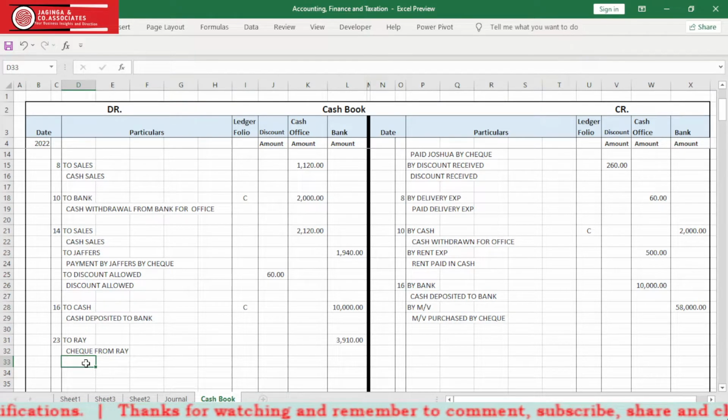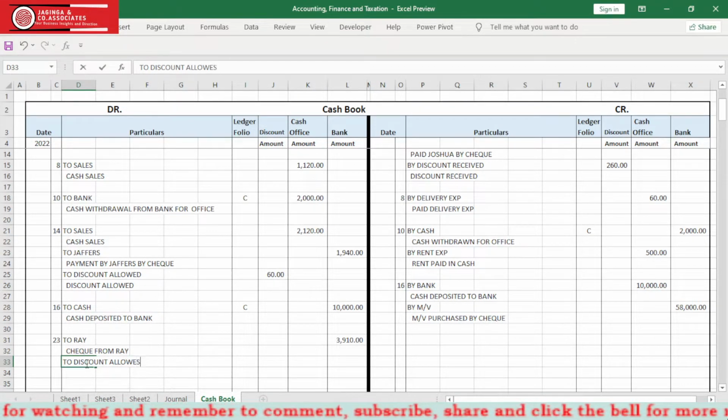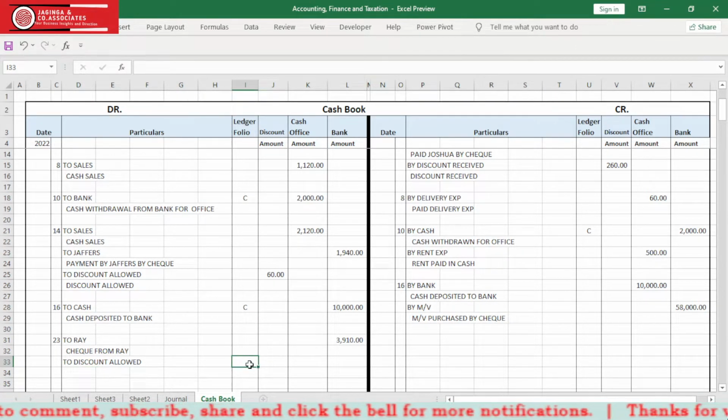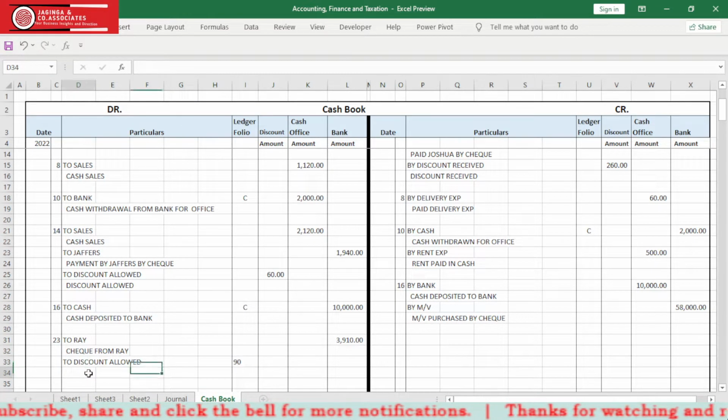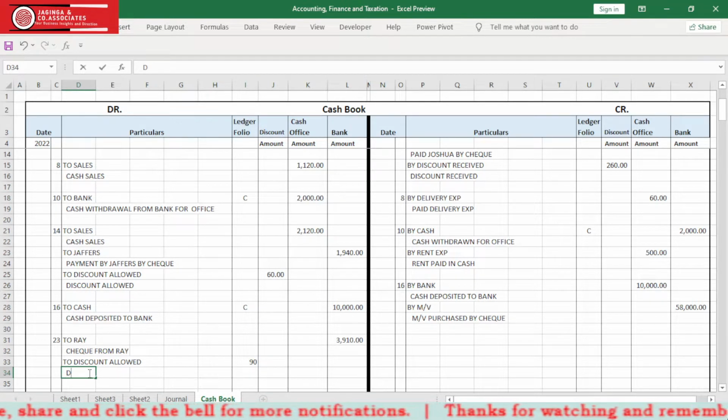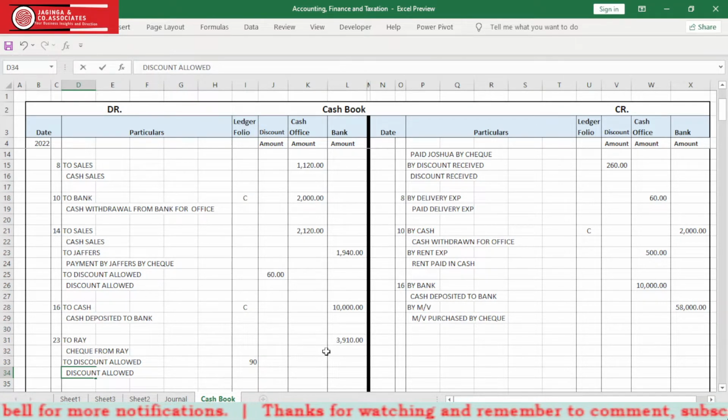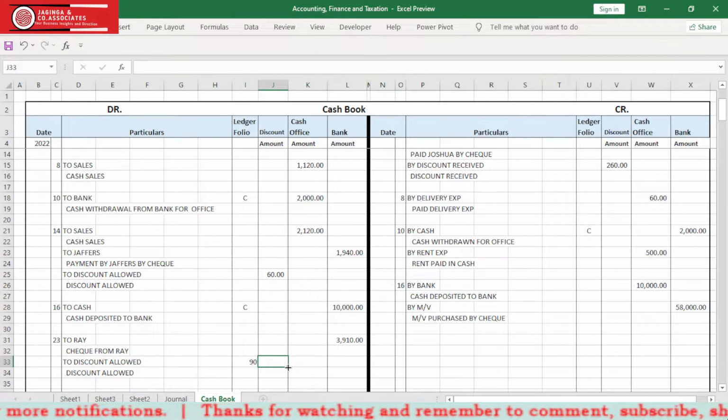So here we will write to discount allowed. Discount allowed was $90, and then the narration will be discount allowed.